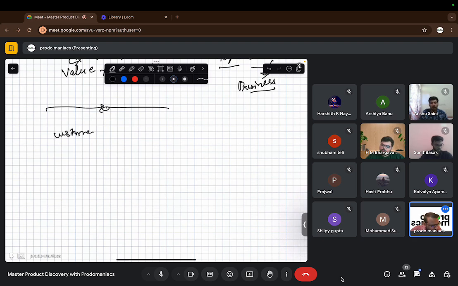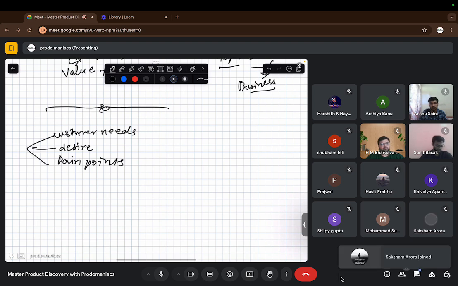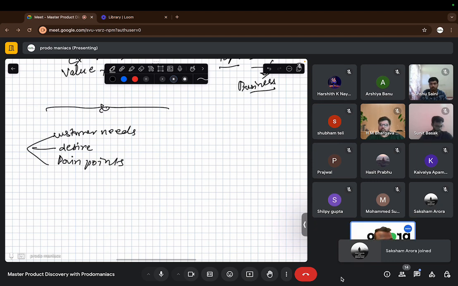So this would be customer needs, desires, and pain points. That is what the customer would need. They might be facing some pain points, and they might have some desirable needs also. Like they might be desiring to have something.